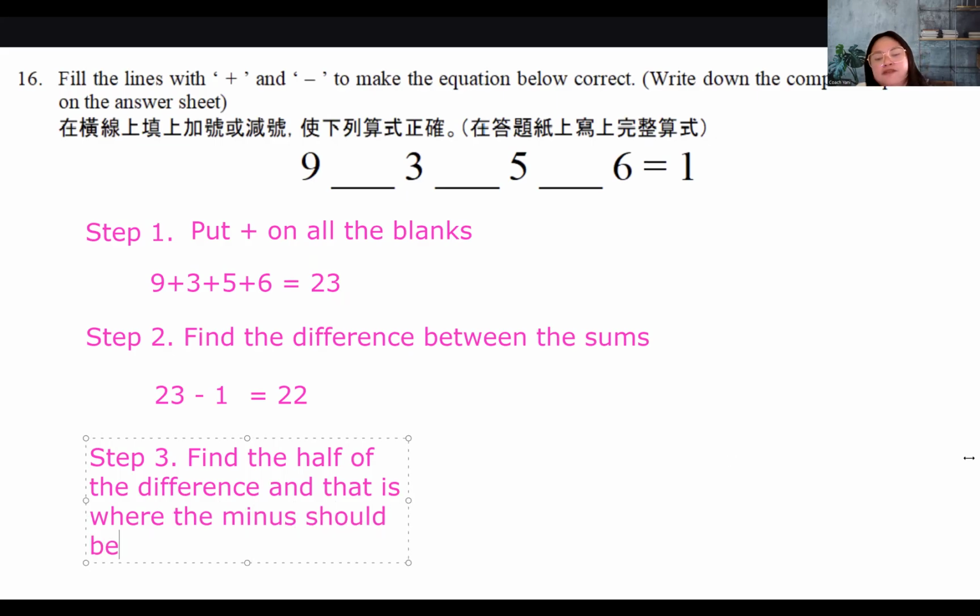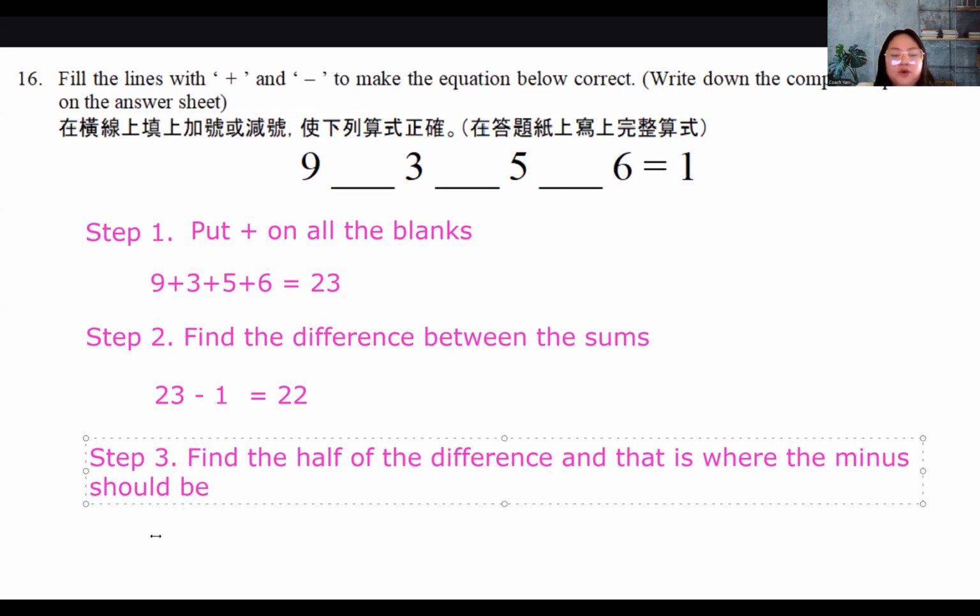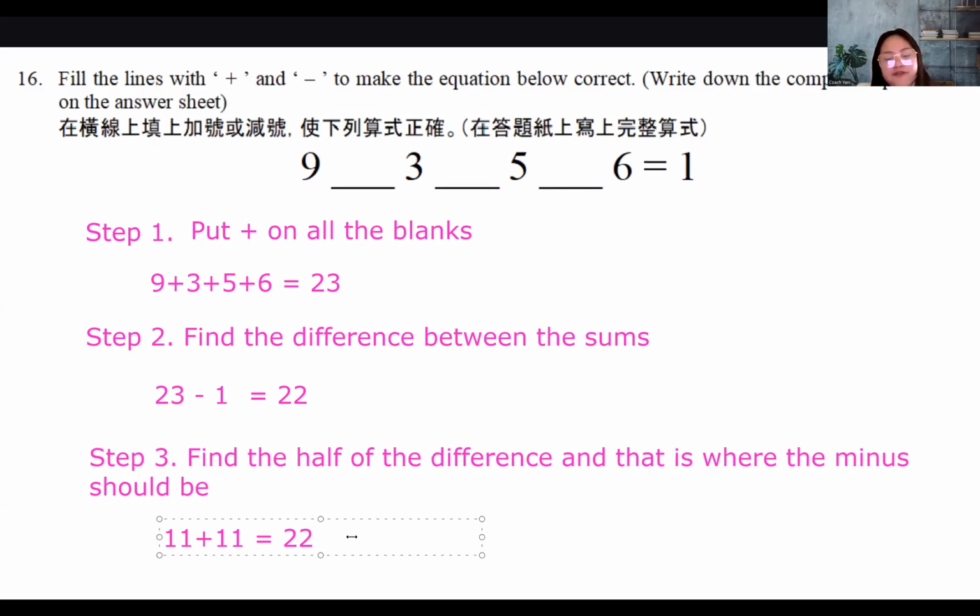So what do we mean find half of the difference? The difference is 22. So if you do 11 plus 11, that is equal to 22. Therefore, half of 22 is 11. So this is where the minus sign should be, right? But you look at the equation, there is no 11 there. So what would you do? You would just need to find two numbers that add up to 11.